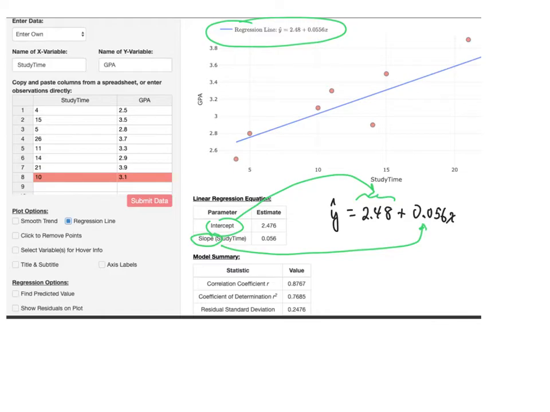The other thing we can see here is the correlation coefficient. This is the R value. And remember, that's the thing that we said is always between -1 and 1, always. And we said R equals 0 means that this is just random.